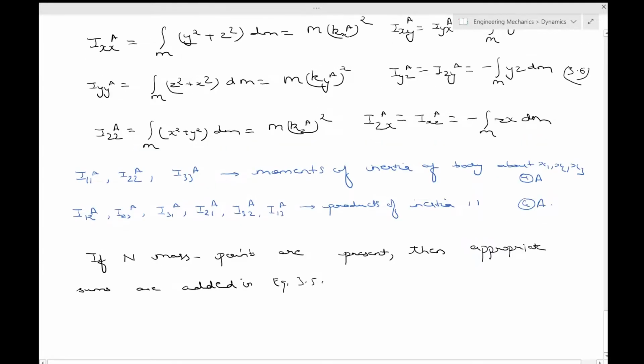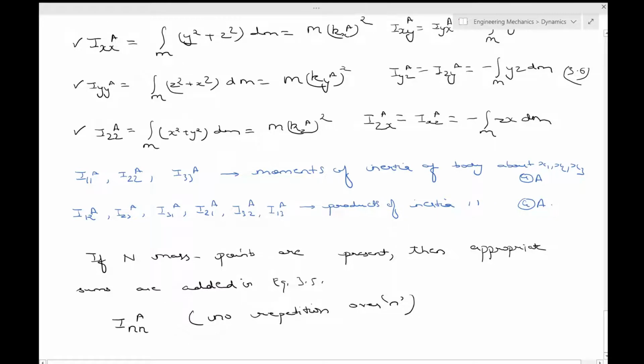Okay, now look at these terms in black. You want to write INN of A, no repetition over n. So this is a convention which we follow to represent this Ixx, Iyy, and Izz.